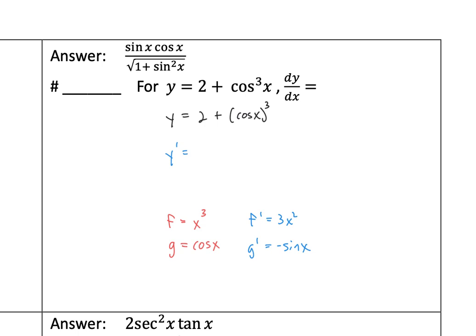And then we'll do f prime with g plugged in. So instead of 3x squared, it's 3 cosine squared, cosine x squared. And then times g prime.